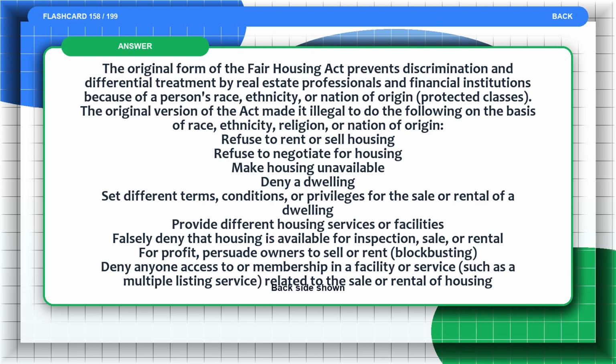The answer is, the original form of the Fair Housing Act prevents discrimination and differential treatment by real estate professionals and financial institutions because of a person's race, ethnicity, or nation of origin, protected classes.